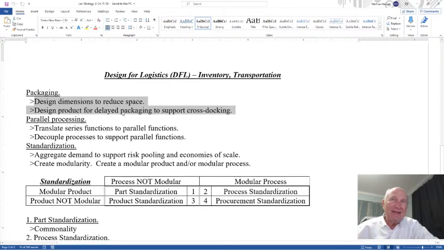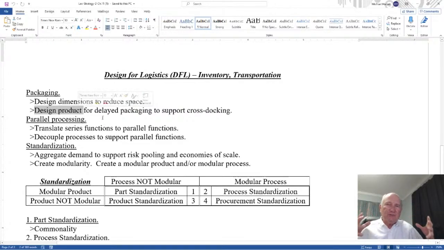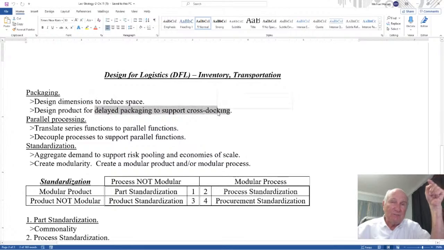Design the product for delayed packaging and to support cross-docking. In other words, design your product so you don't have to package the product upstream. You can delay the packaging downstream because you might have different product varieties downstream, and so you can delay the actual final packaging to support cross-docking.